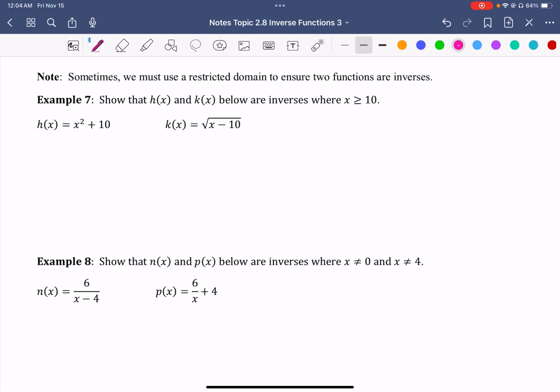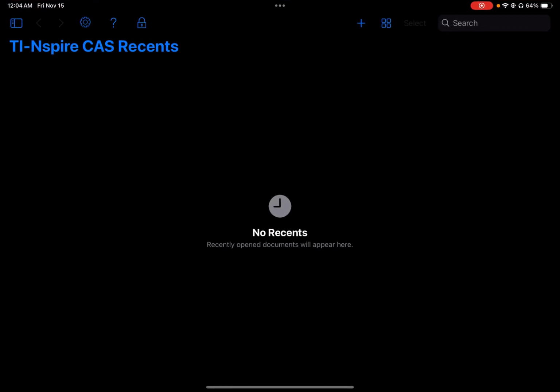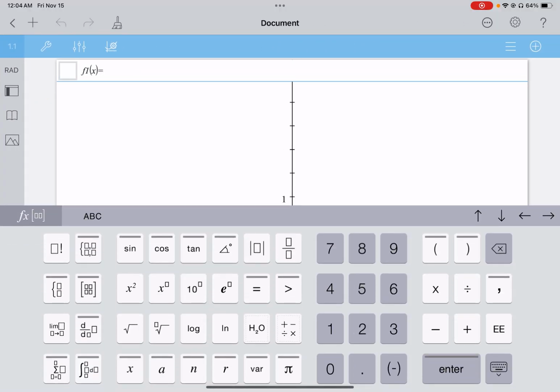Example 7 says show that h of x and k of x below are inverses where x is greater than or equal to 10. Okay, so I'm going to graph this for you just so I can show you why restricting the domain is important. We have x squared plus 10.